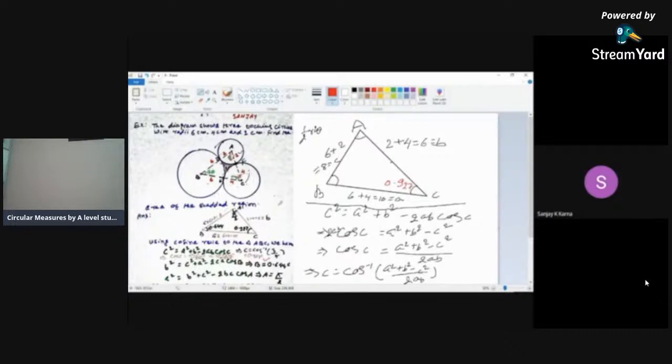And if you do similar work with the other cosine rule, b squared equals c squared plus a squared minus 2ca cos B, then the value of angle B has been found as 0.644 radian.